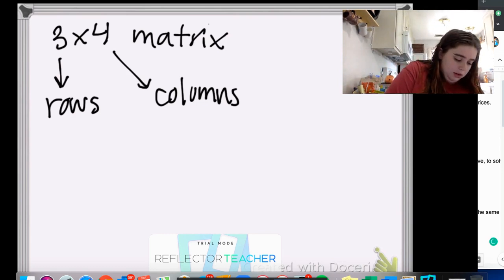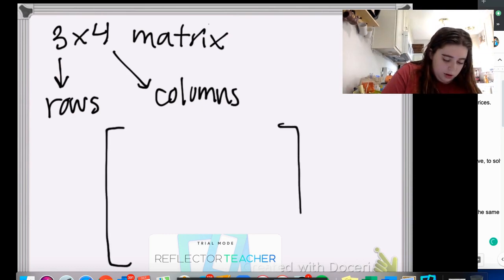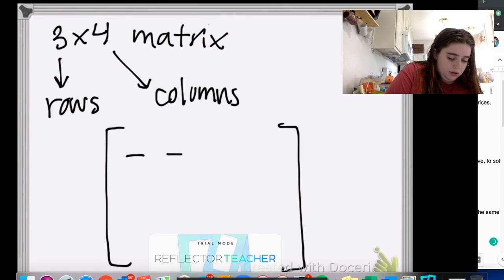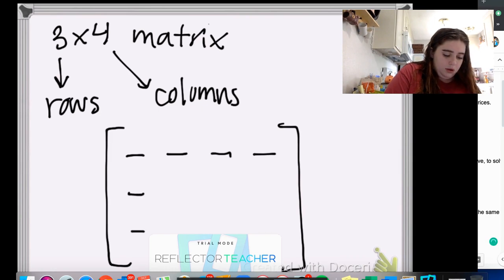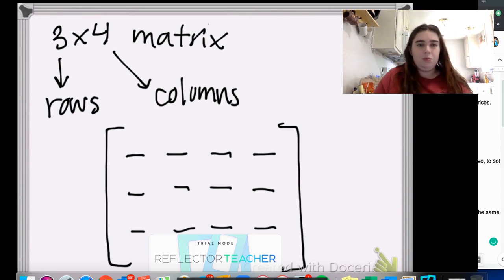That would mean here is our matrix bars. We're going to have 1, 2, 3, 4 columns, and then 1, 2, 3 rows, okay? All those blanks are where you would put numbers. So go ahead and use whatever numbers you want.